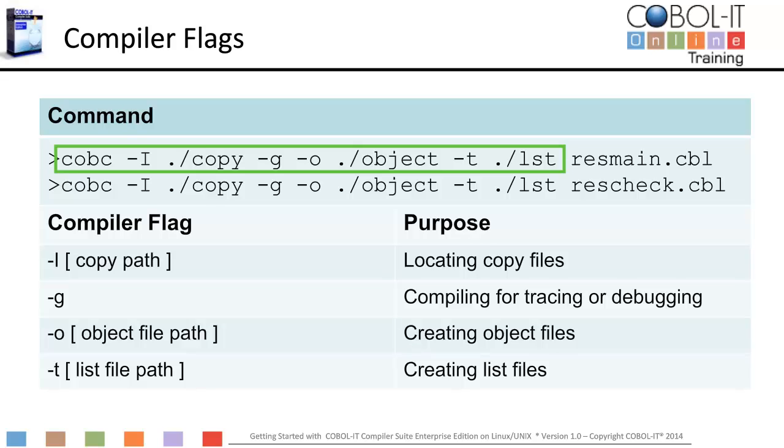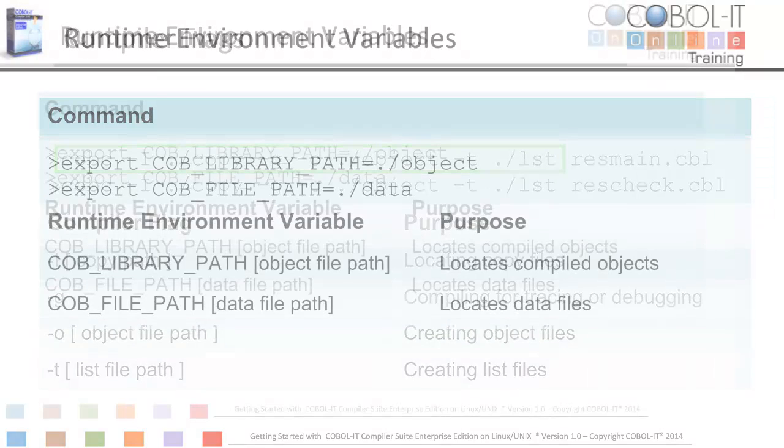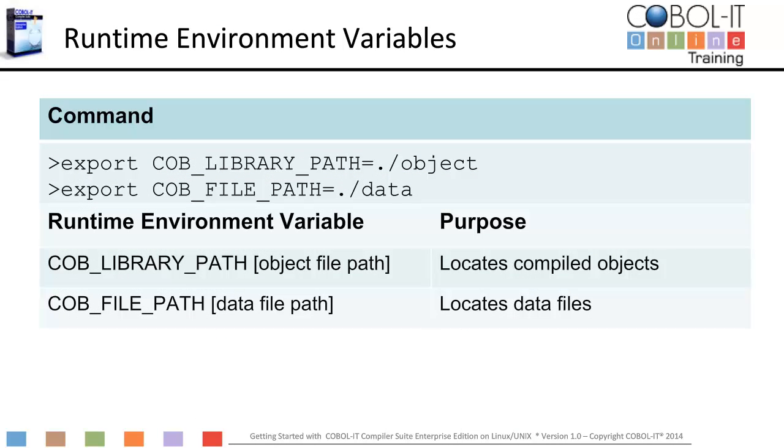Now, let's look at the runtime environment variables. In order to run the RESMAIN application, we must set the COBOL library path and COBOL file path environment variables. The COBOL library path environment variable informs the runtime where the compiled objects are located.